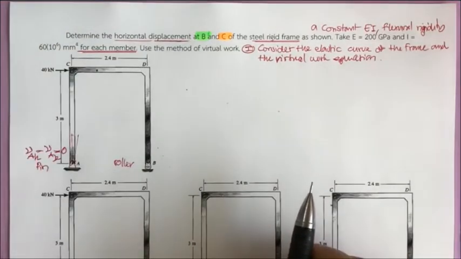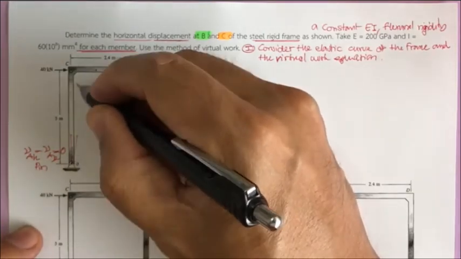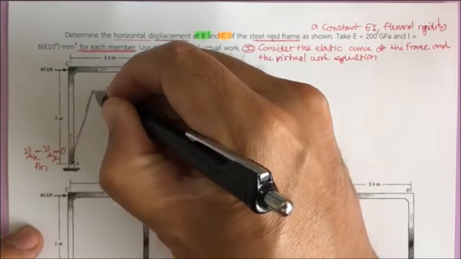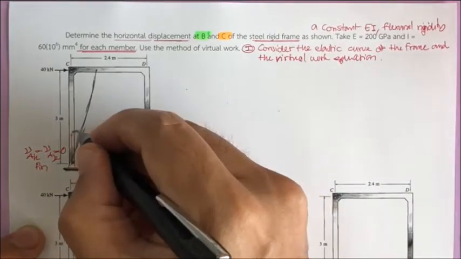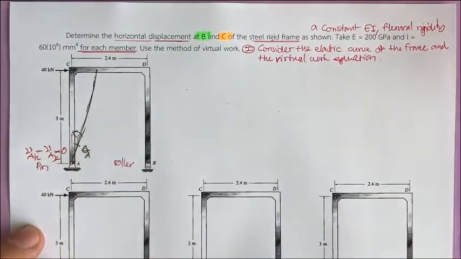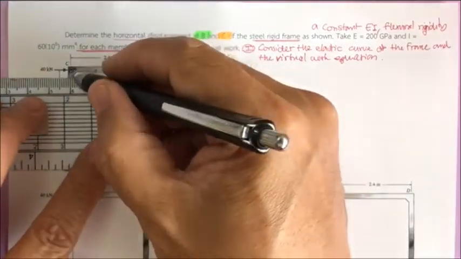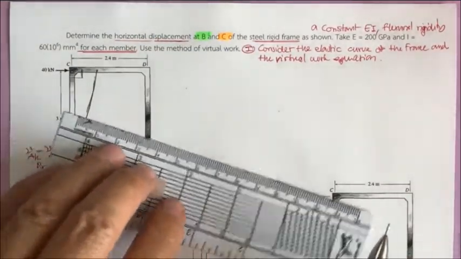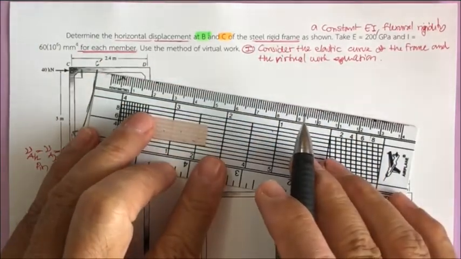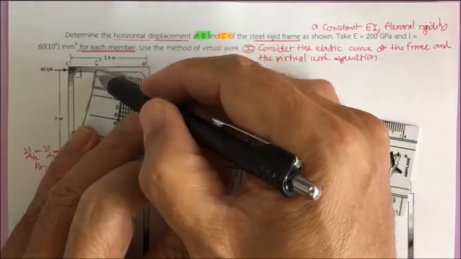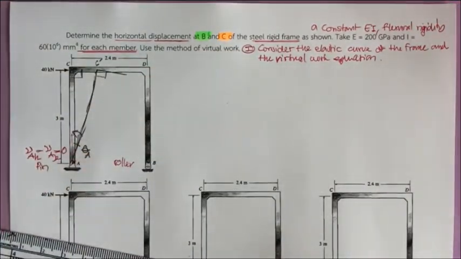Due to this movement and the moment that may occur in the column AC, this part of the frame should be curved like this, and we may call this rotation zeta sub A. When the column AC curves like that, since this is a rigid frame, the joint C, when it moves to C prime, is going to maintain the perpendicular angle between the column and the beam.